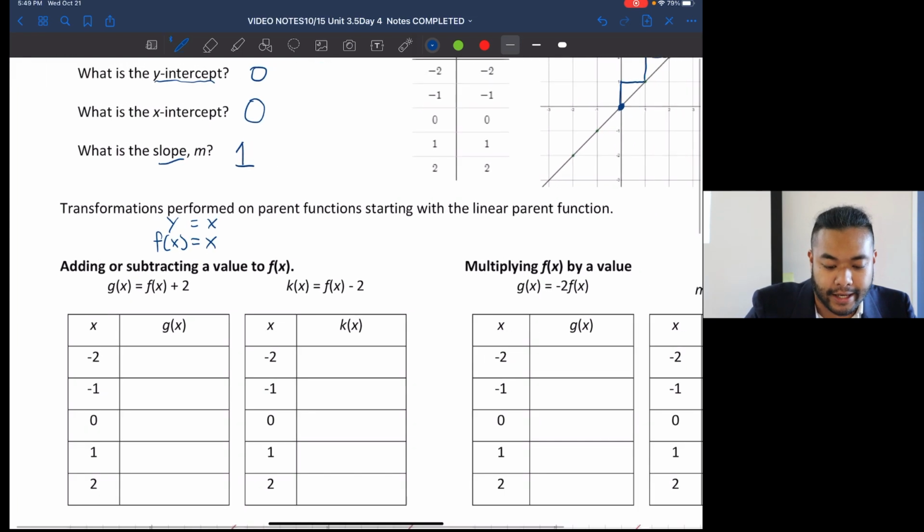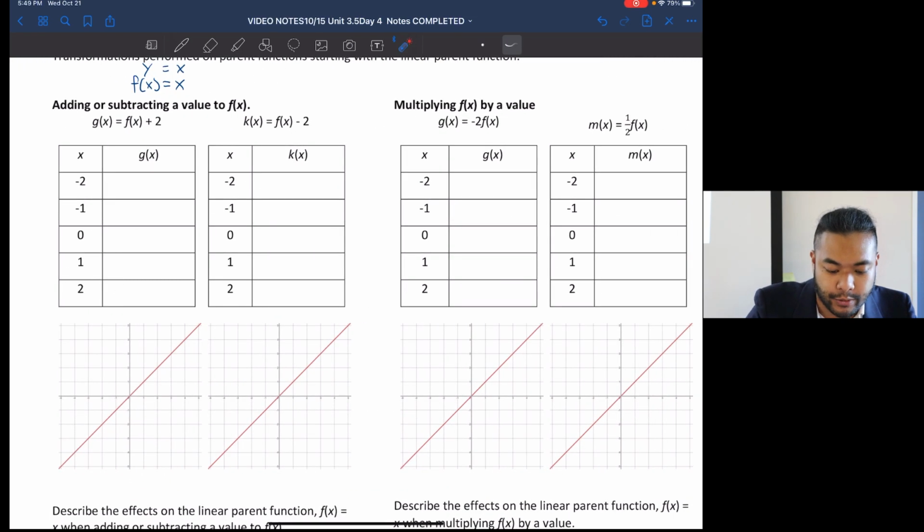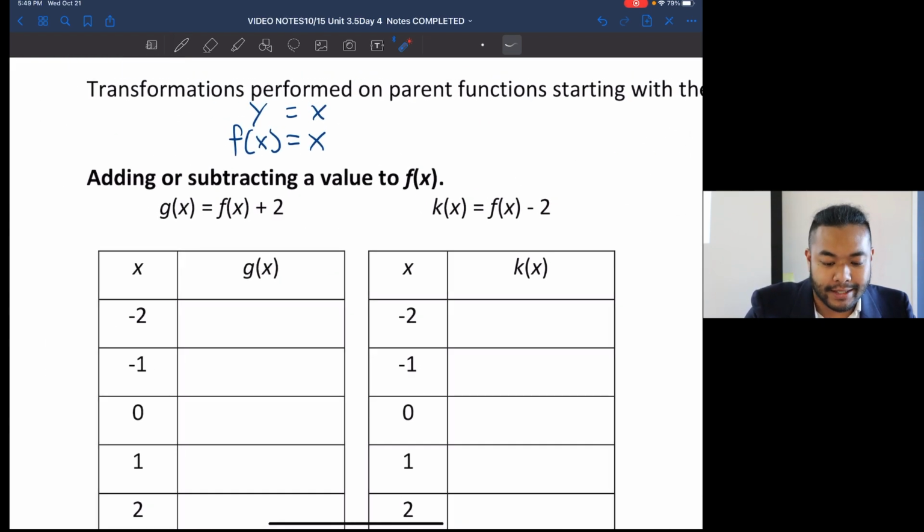So this line, y equals x, we are going to transform. How? We are going to take f of x and add 2 to it. The transformation function g of x is f of x plus 2, and f of x is the same as y, and y is equal to x.